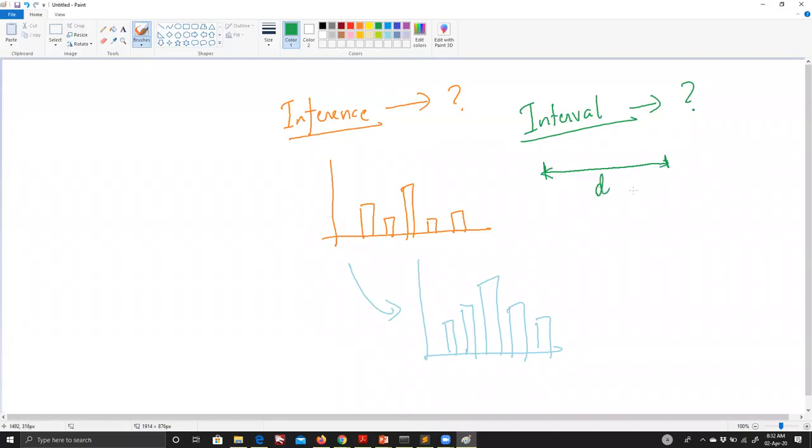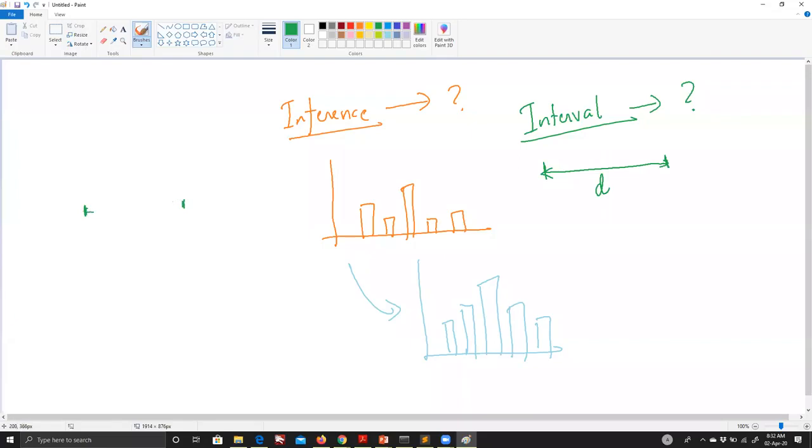Differentiation within two samples. Differentiation, maybe not the correct word. Anyone else? Interval, as she rightly said, is a kind of distance or a gap.